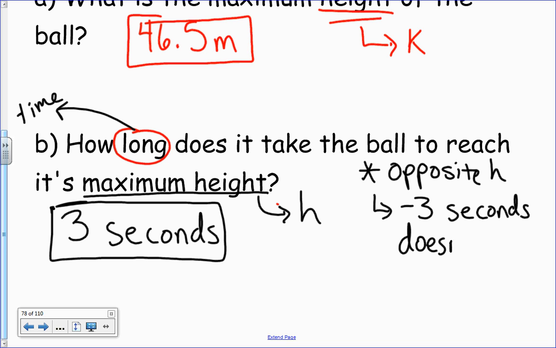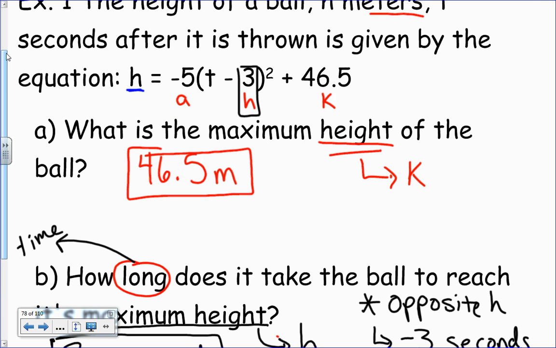It's negative time. You cannot have negative time. All right, so even though in the equation it says t minus 3, it's not -3 seconds. Remember, the h on the inside is the opposite of what it looks like. So since it says -3, h is positive 3. Now on the outside, we're fine to say that k is positive 46.5 because it is positive.